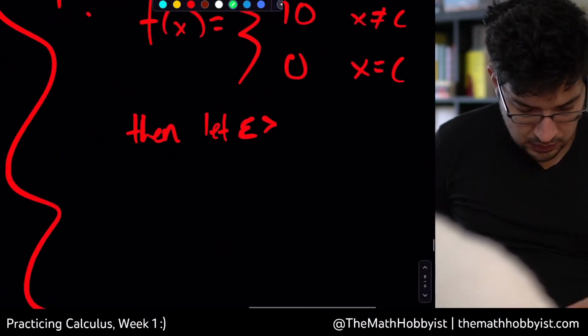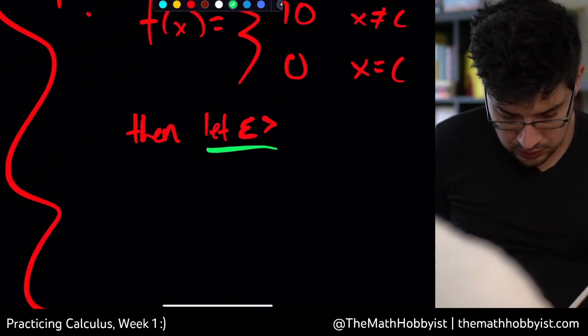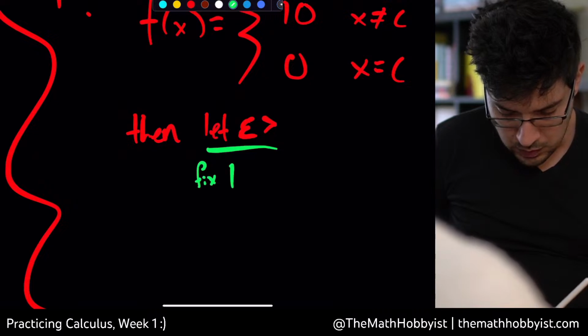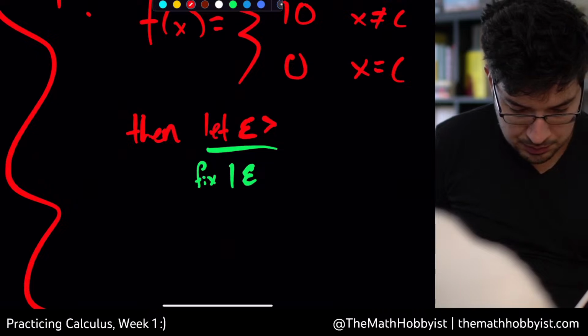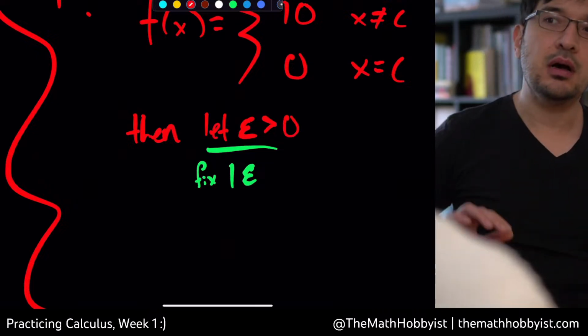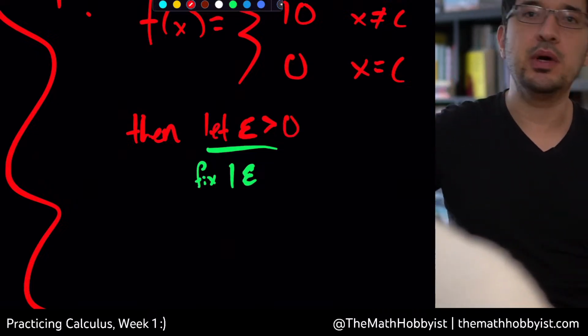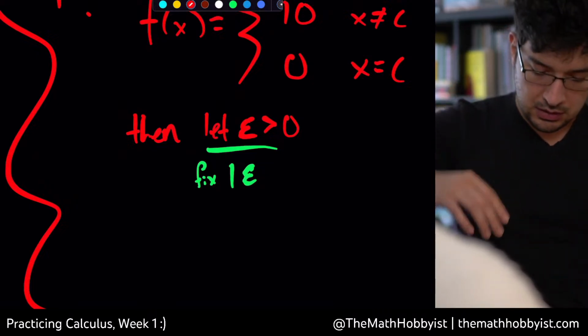So we fix one epsilon. We choose any tiny number bigger than 0. So 0.00001, whatever.